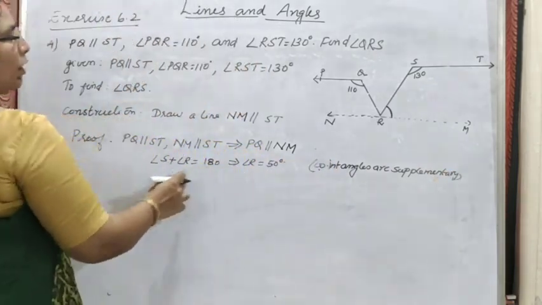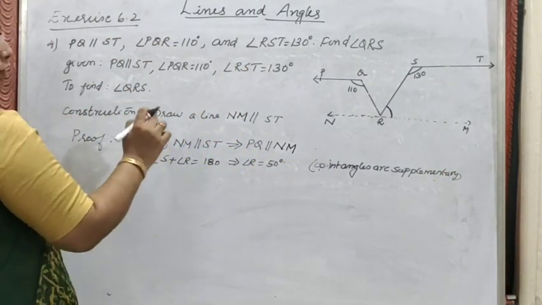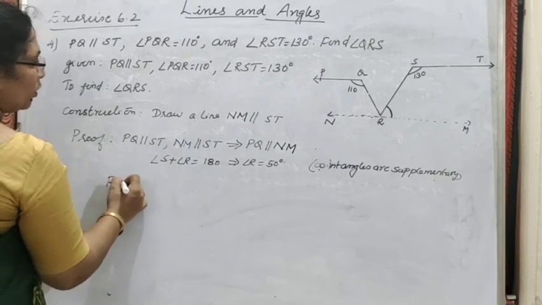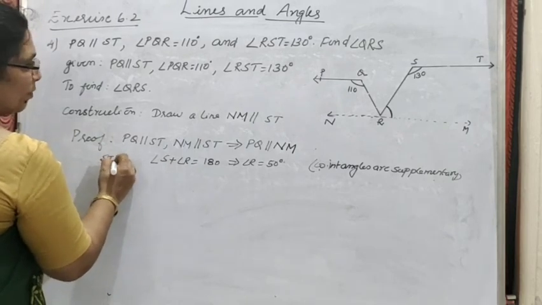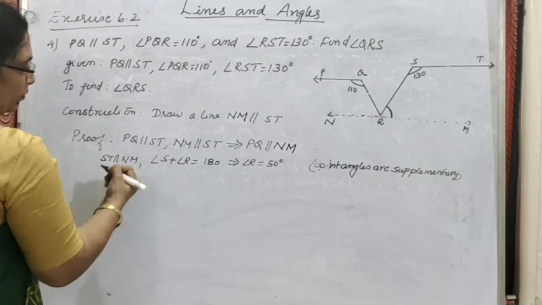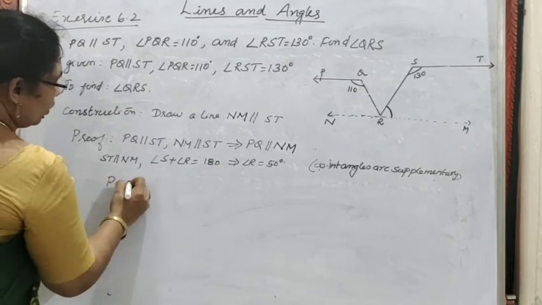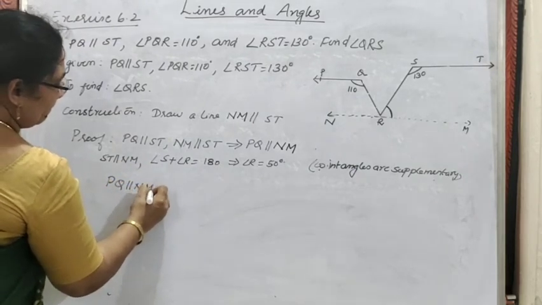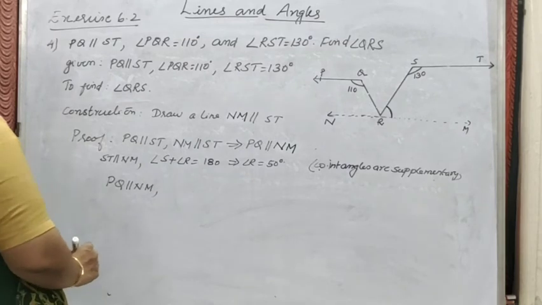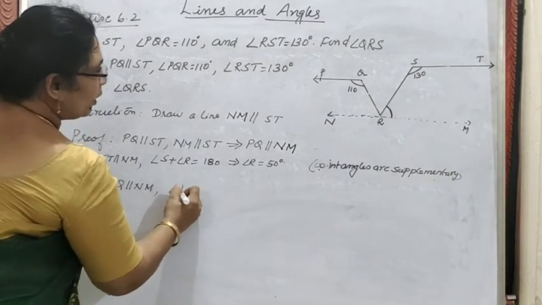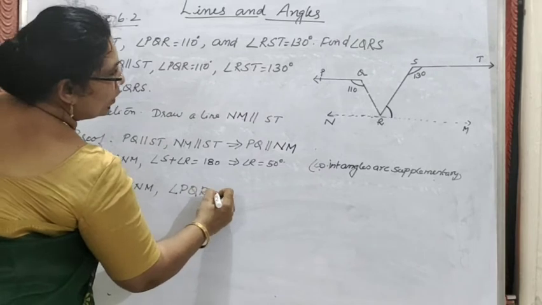Right. Now we got angle R equal to 50 degrees. Now you consider the parallel line PQ. Here which is the line we have considered? ST parallel to NM. Right. Now we are considering PQ parallel to NM. PQ parallel to NM. Can we write angle PQR equal to QRM?